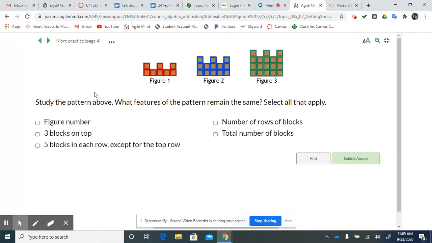Study the pattern above. What features of the pattern remain the same? Select all that apply. Okay, do the figure numbers stay the same? No. How about the 3 blocks on top? Did those stay the same? Yes. So for number 4 on your paper, write down 3 blocks on top.